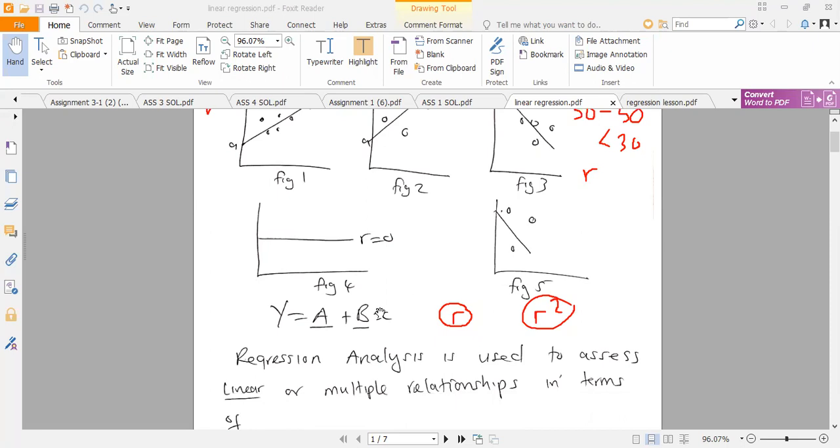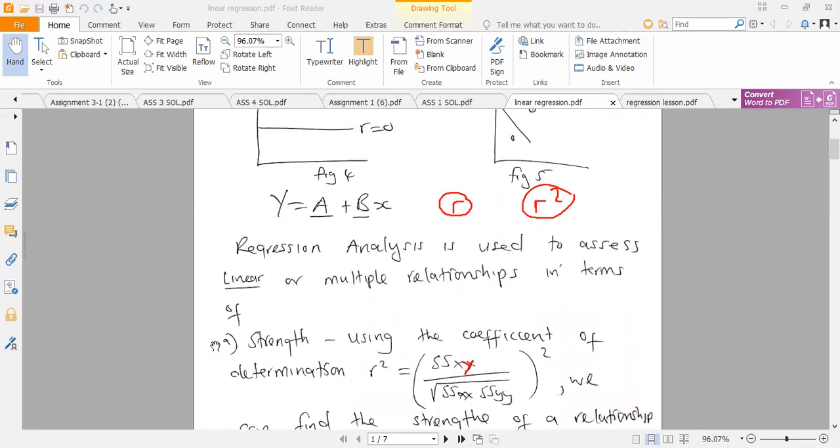So regression is used for the following. Number one, to ascertain the strength of the relationship. The strength of the relationship is typified by R squared.